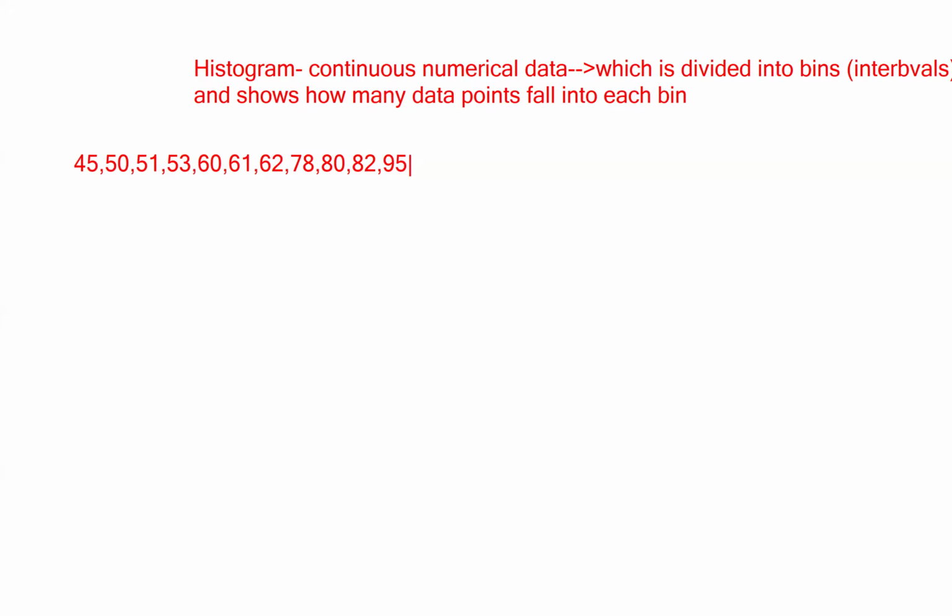Now what will happen when I create a histogram? Let's say I am defining a range. So there is one attribute which you will define in Python known as bins.